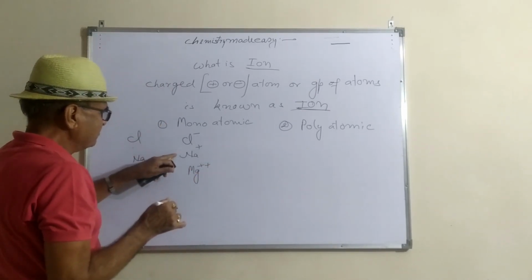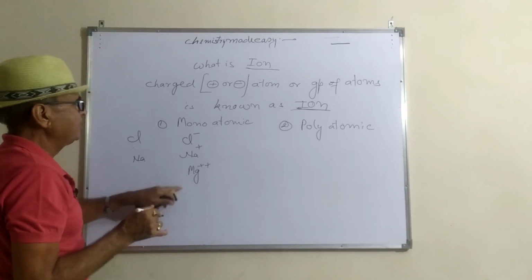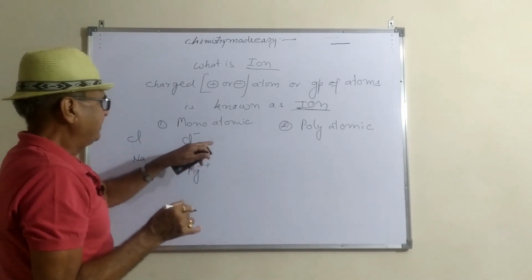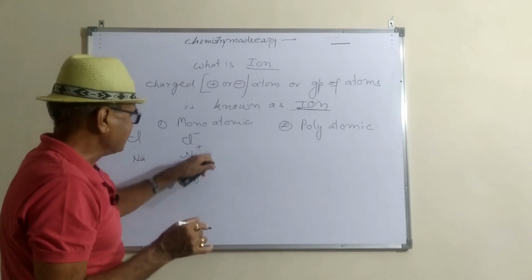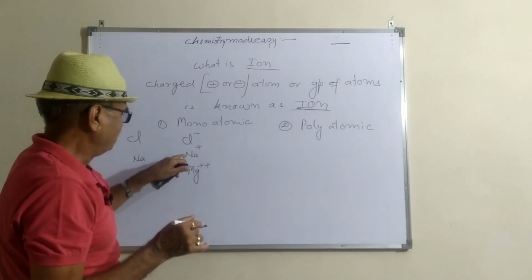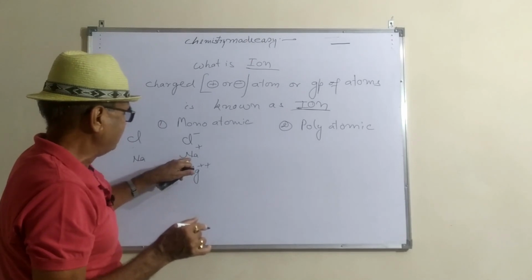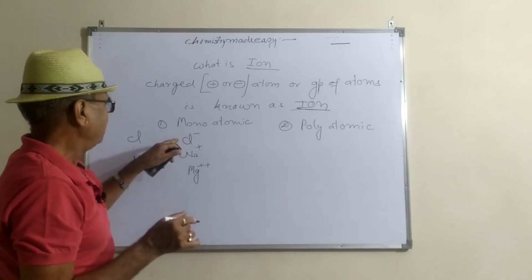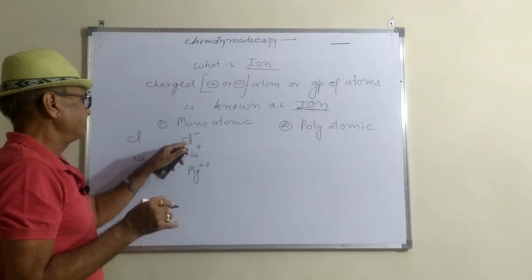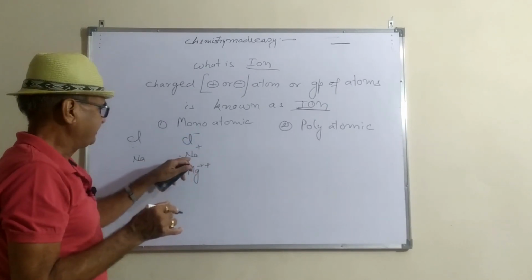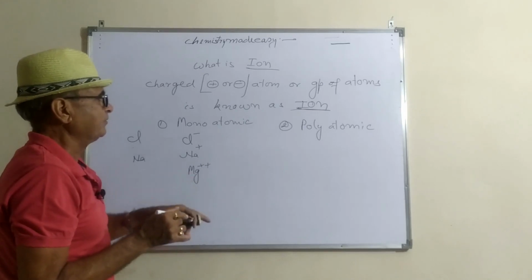So these are the monoatomic ions. They contain only a single charged atom: one atom of magnesium, one atom of sodium, one atom of chlorine.